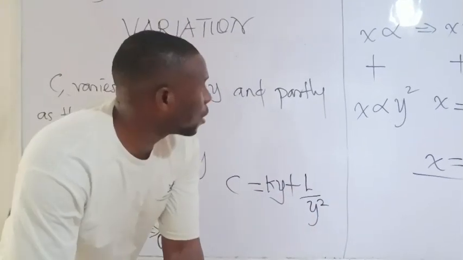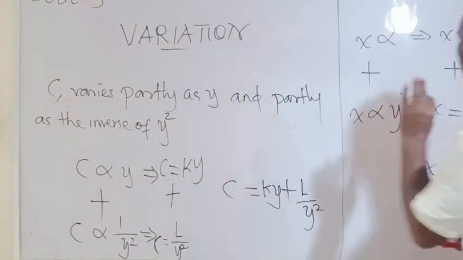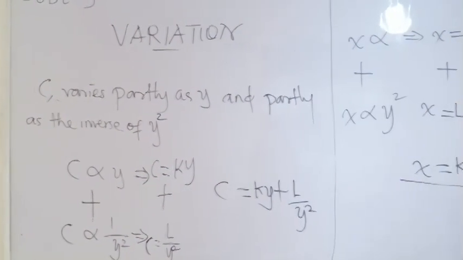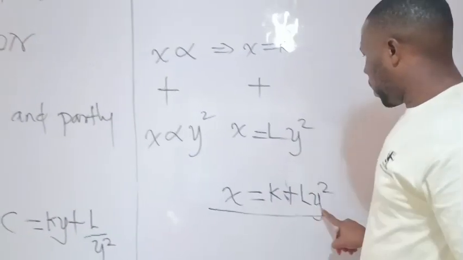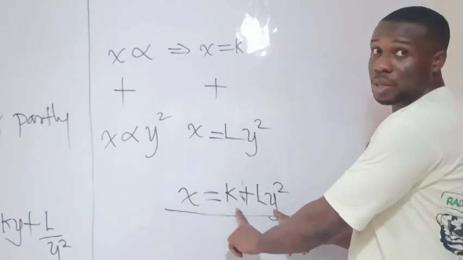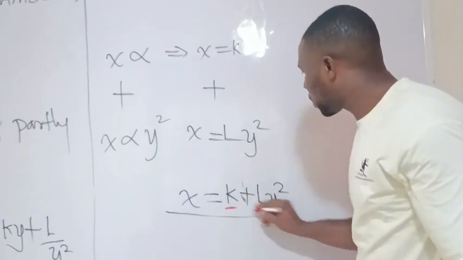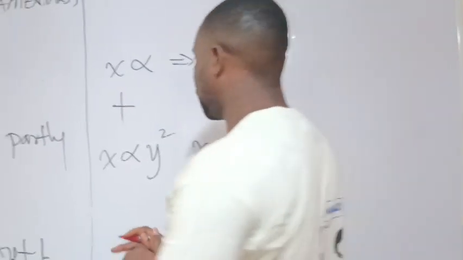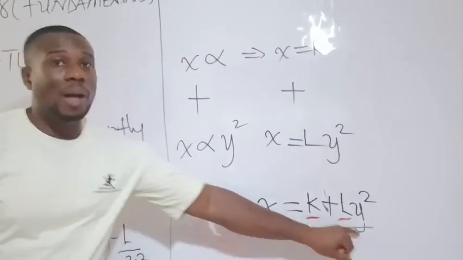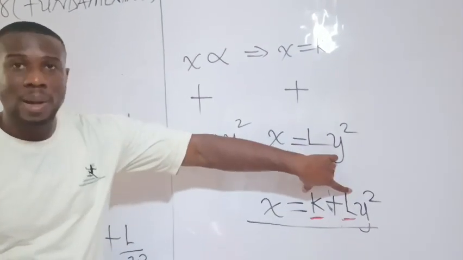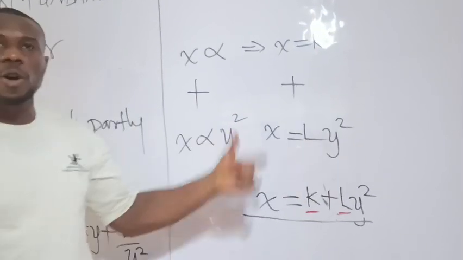Now, I want you to appreciate something: the quantities in question here are x and y. These other letters you see here, we call the constants of proportionality.